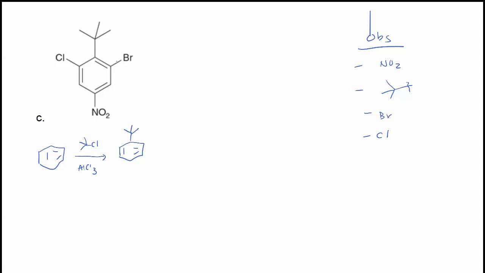And the Cl and the Br are ortho to that tert butyl group, and the nitro is para. So I'm going to block the para position first, or add that nitro group first, or next, I should say.